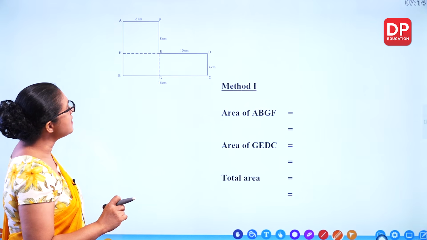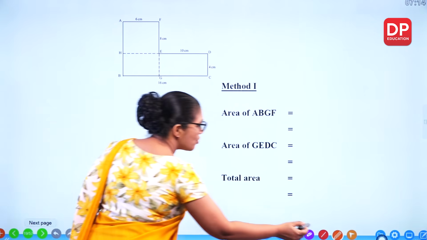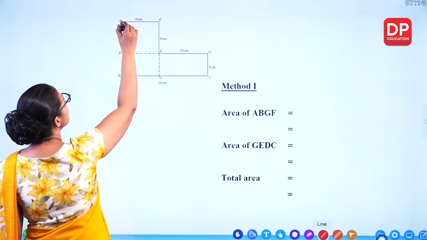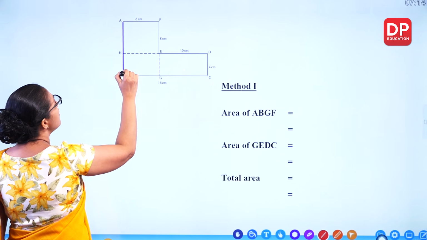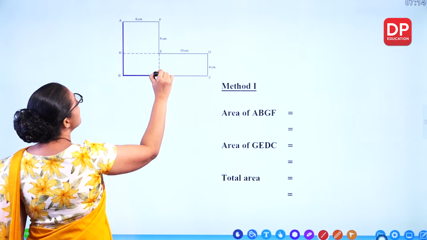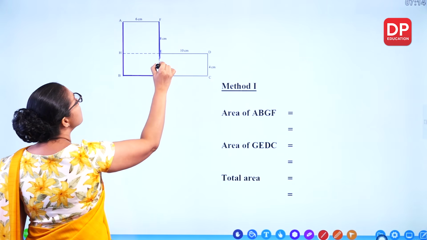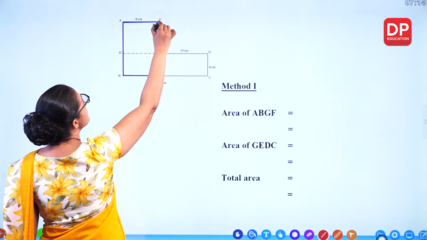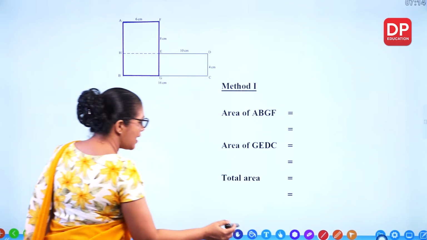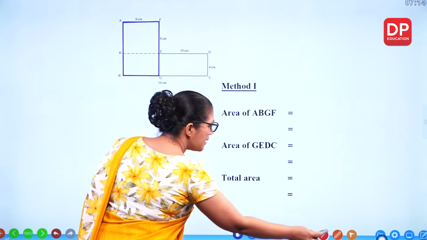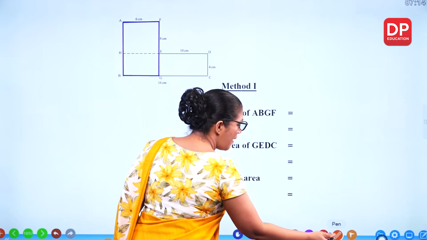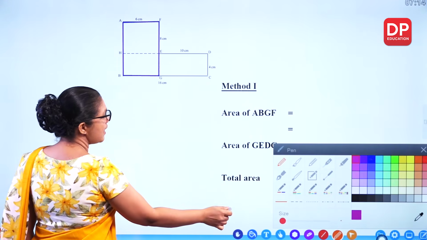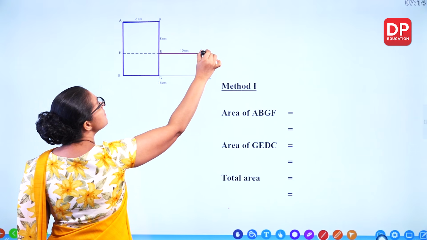So here we'll take these two rectangles first. ABGH, this one. ABGH first. Find the area of this. And then we can find the area of the next one, GEDC, this one.